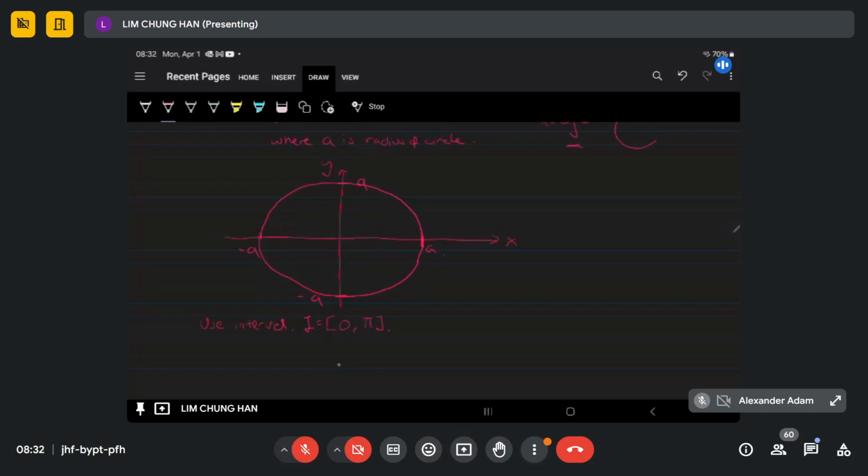So basically the interval always refers to the parameter. What it means is theta goes from 0 to pi. Not A, not A. It's the theta that goes from 0 to pi.